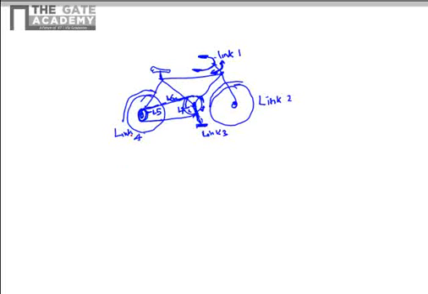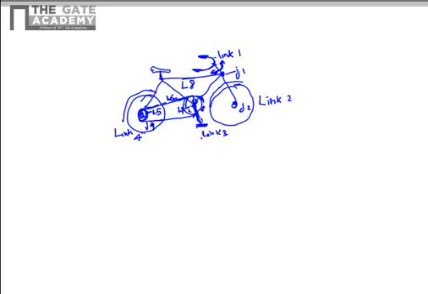And then there is a rigid connection between link 5, the sprocket, and the back wheel, and link 1 is connected to the body. The body also you can consider as a link, link 8. So these two are connected by a pin joint. So there are various links and various joints, J1, J2, J3, J4.